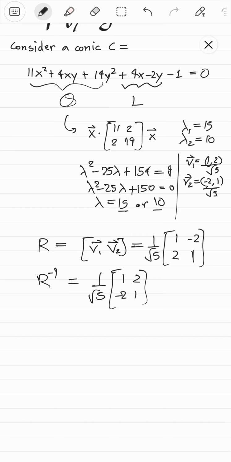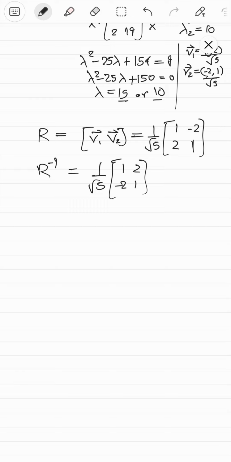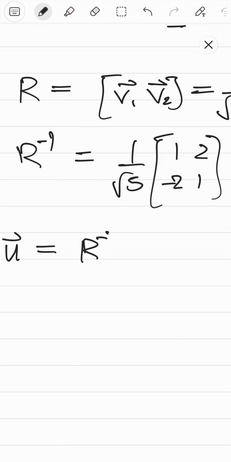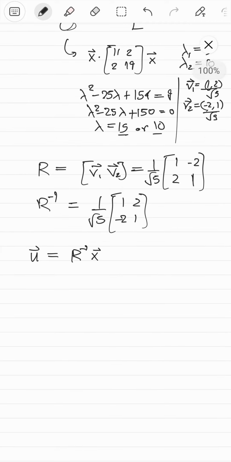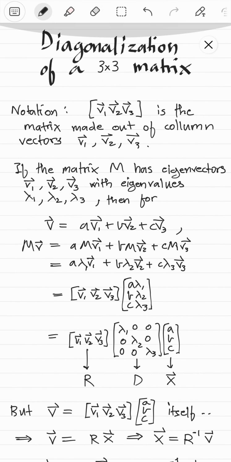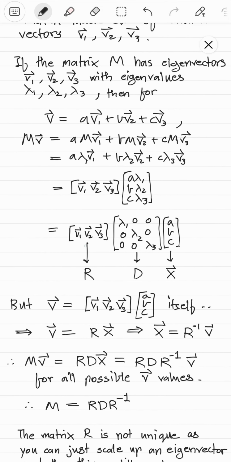So now that we have R and R inverse, I mean we only need R inverse in the first place. Just set our u vector equal to R inverse x vector, right? That's what we thought. And our R is in fact just the eigenvectors put into this matrix.